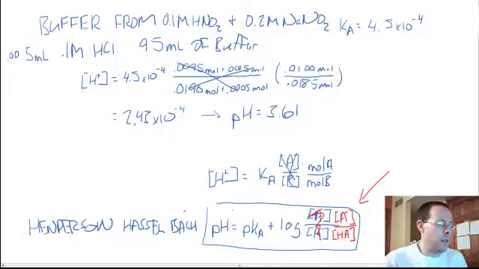But notice, if we take the negative log of H+, we get pH. And if we take the negative log of Ka, we get pKa. And then here, if we take the negative log of moles of A over moles of B, the negative becomes a positive, we are just going to flip our ratio.